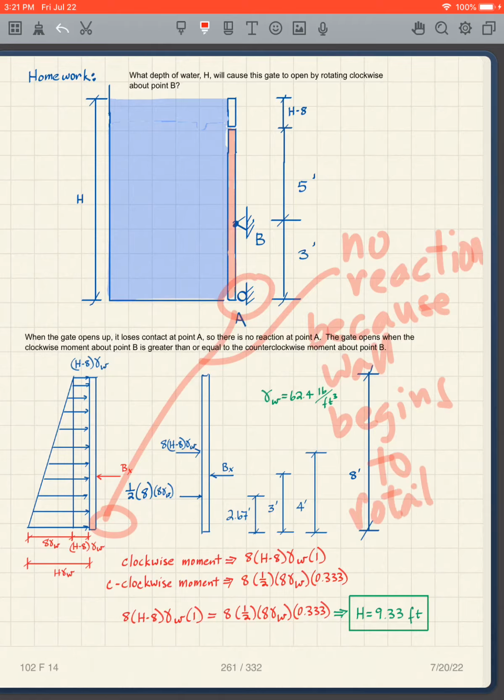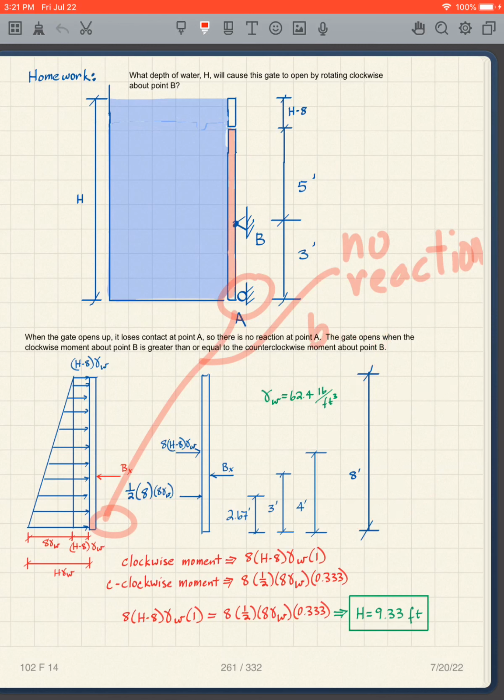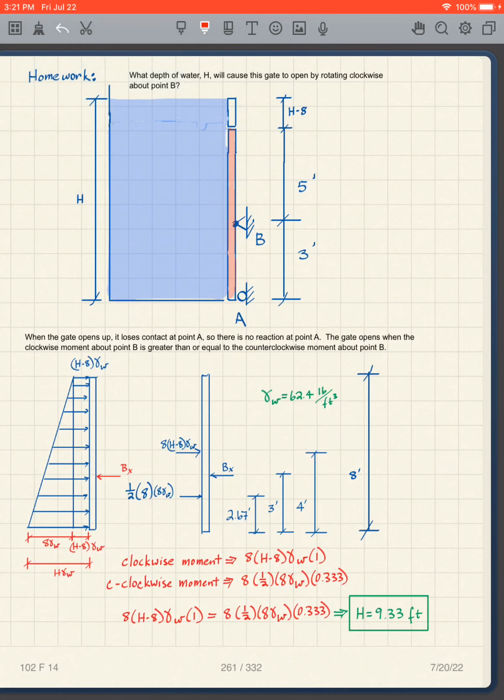That's the assumption. So we don't have a reaction there. What we're interested in is that we want the clockwise moment to be slightly greater than the counterclockwise moment.